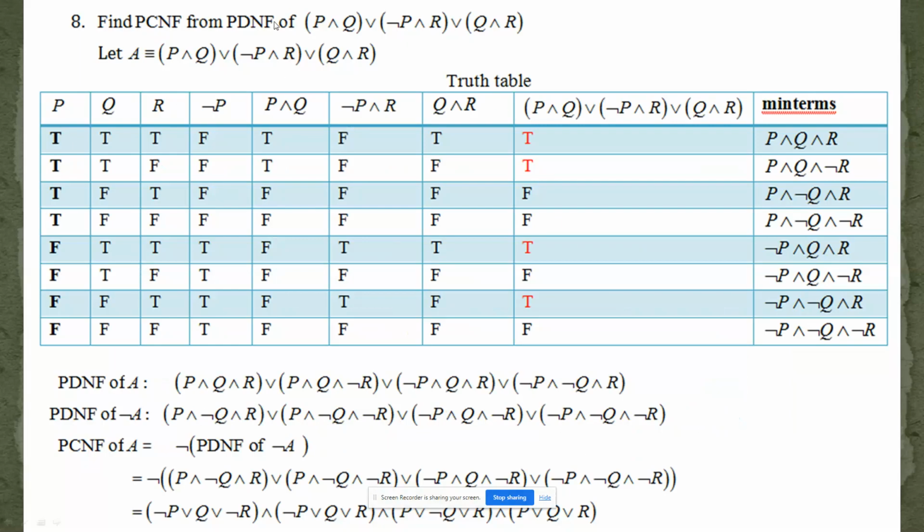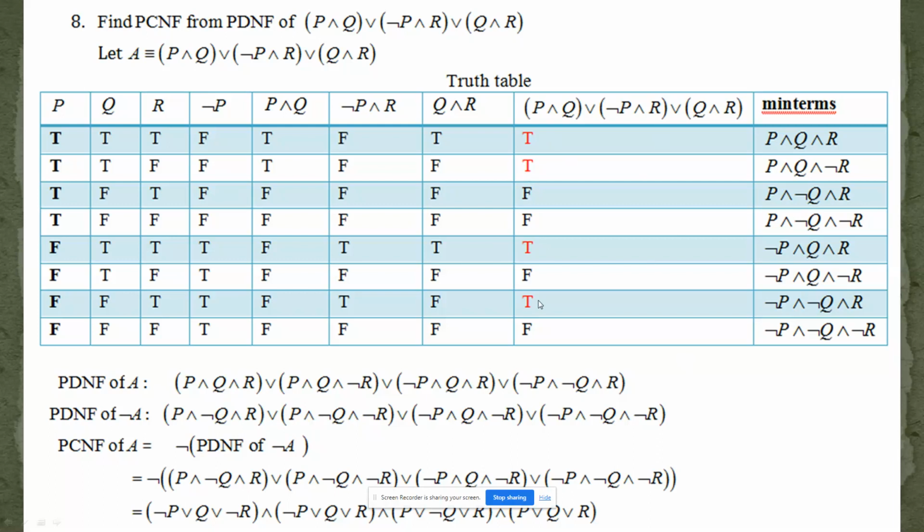Find PCNF from PDNF of this formula. To find PCNF from PDNF, you have to construct the truth table and also find PDNF. To find PDNF, you have to round up where you get truths.